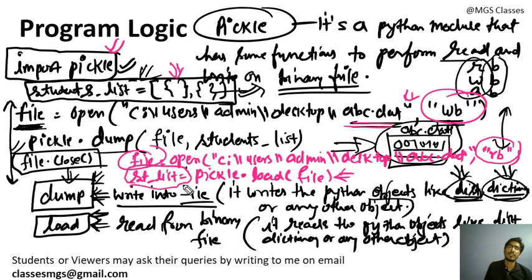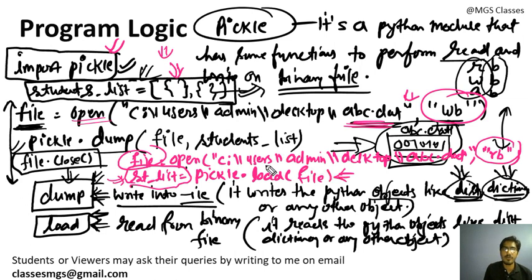Now you can search in this list object using the logic that I have already told you. Using the insert logic, take the data of the students into a list, create a dictionary and insert the items into the list, and then we are going to dump this list into some file.